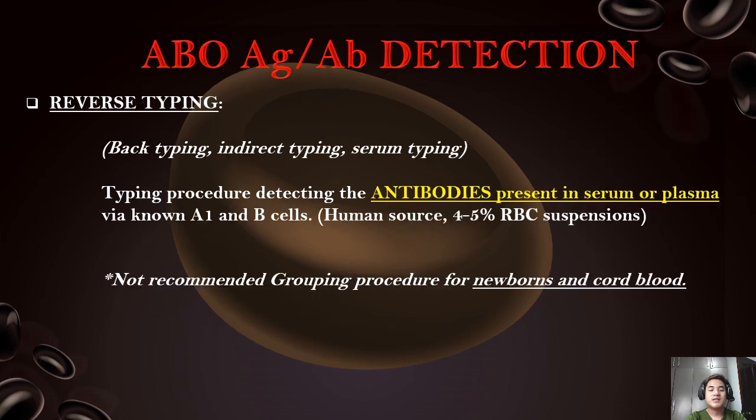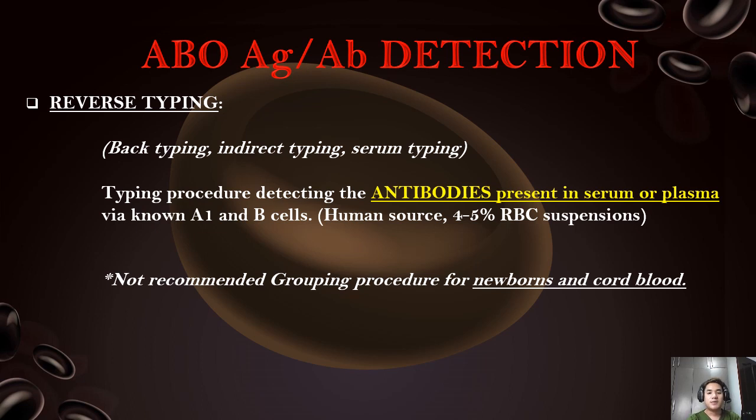So next is reverse typing, also called back typing, indirect typing, or serum typing. From the previous slides, we have learned that serum or plasma samples contain, when present, your ABO antibodies. Therefore, this is the typing procedure detecting the presence of antibodies in serum or plasma via known A1 cells and B cells.